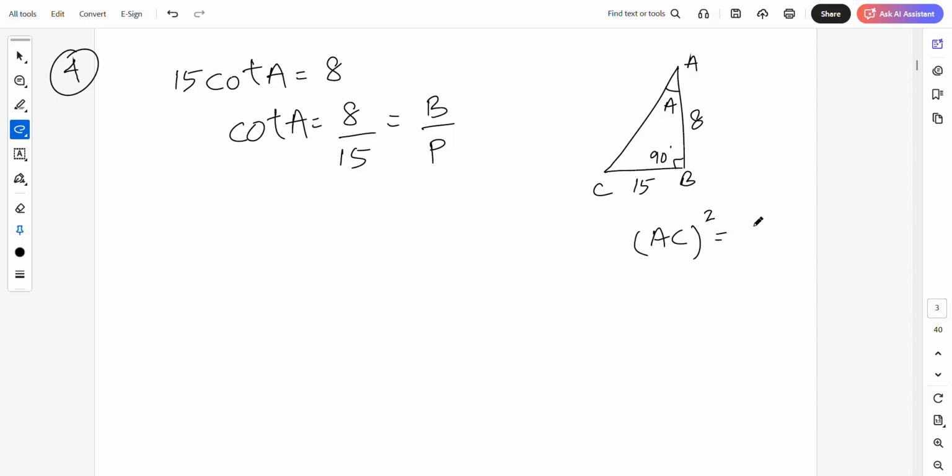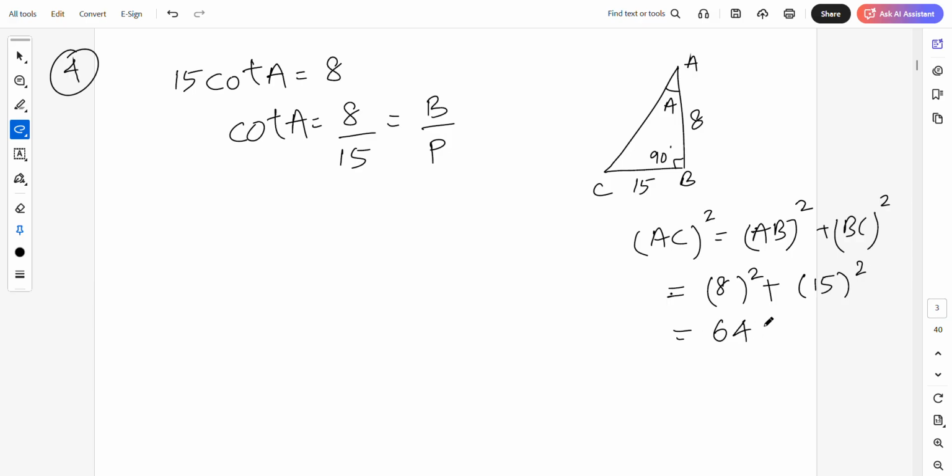AC square is equal to AB square plus BC square. AB is how much? They have given 8, the whole square, plus BC is how much? 15, the whole square. The 8 square is 64. 15 square is how much? 225.